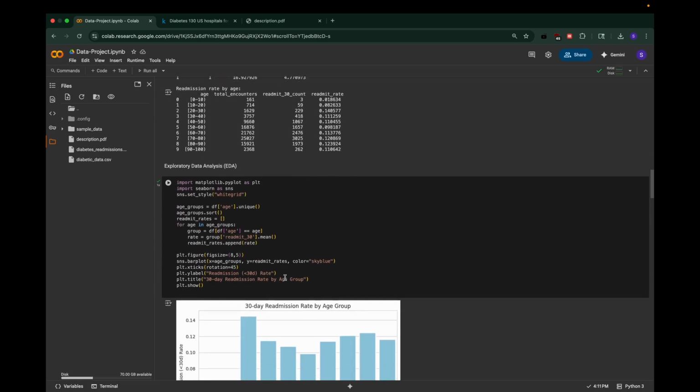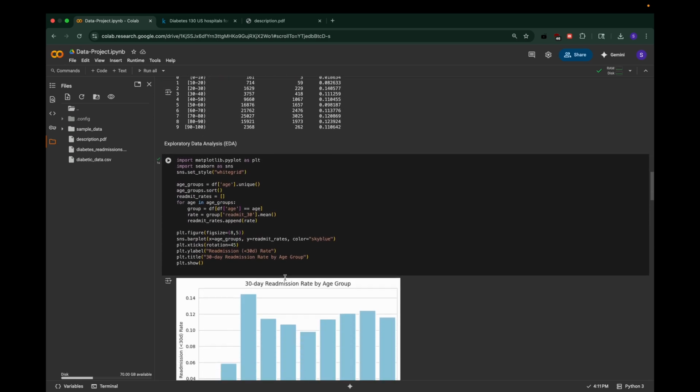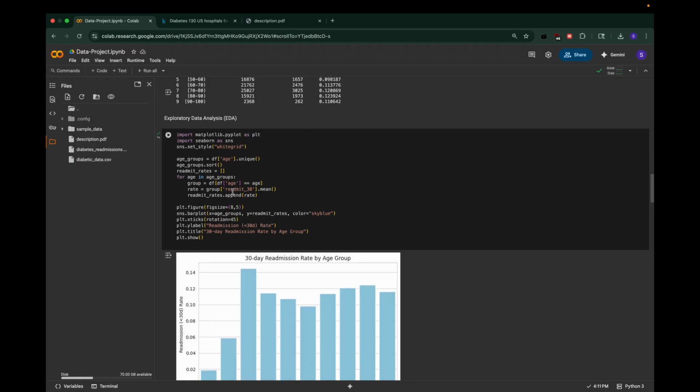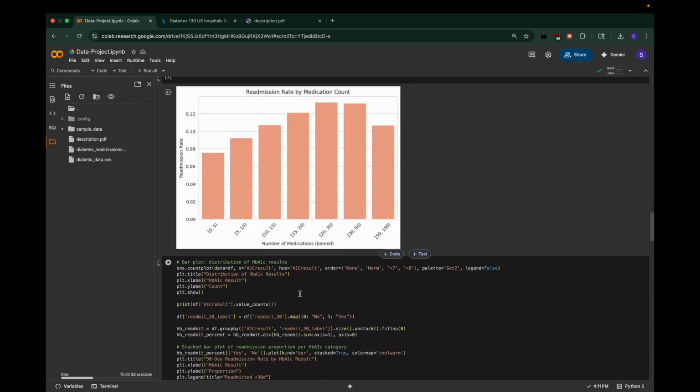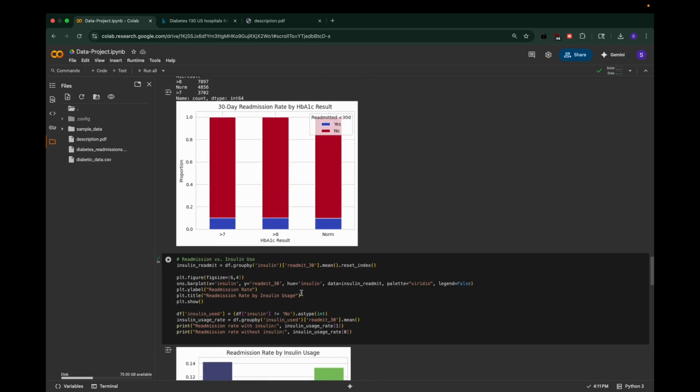Next, we move on to exploratory data analysis. I use visualizations to explore the relationship between readmission rates and variables such as age group, number of medications, HbA1c levels and insulin usage.